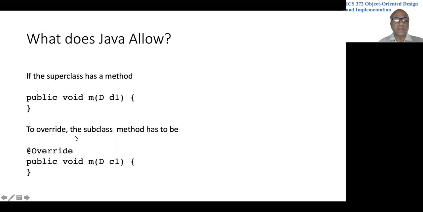And what about Java? Java is a little more restrictive than what we have discussed. What we have discussed is what LSP allows. In Java, if you have M in the subclass that overrides the method M in the superclass, the parameters have to be exactly the same. If you have D here, you cannot put anything other than a D as a parameter here.